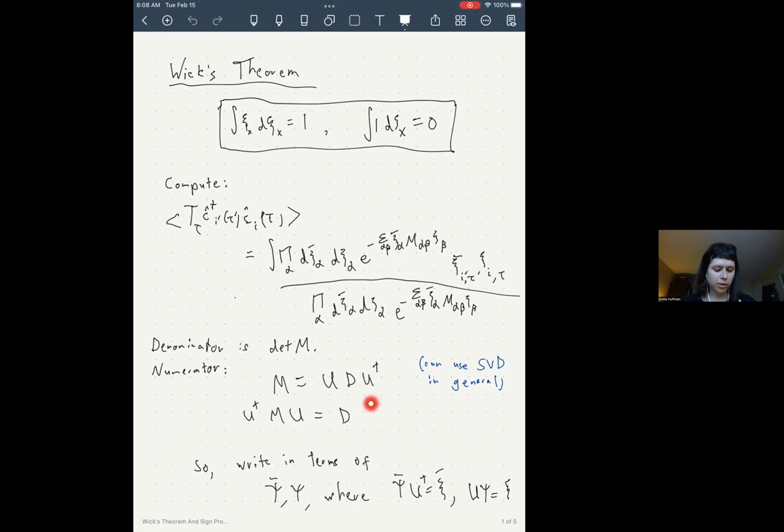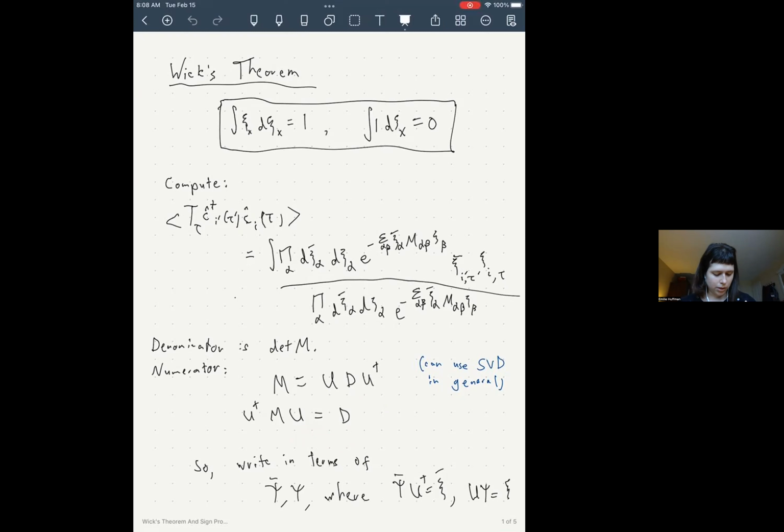Now, in general, you can actually use SVDs instead. In fact, you'll see SVDs tomorrow with Johannes. And so this proof will actually carry on for a general matrix, but I'm just going to stick with the U D U dagger.